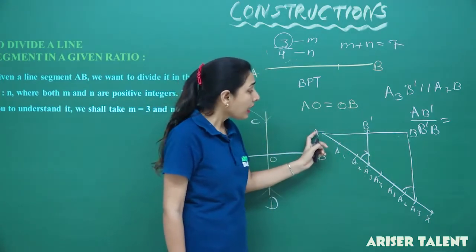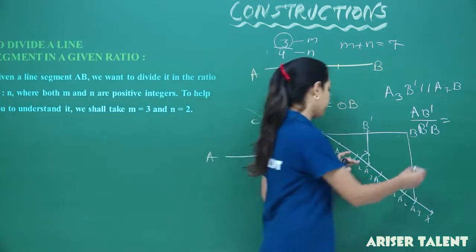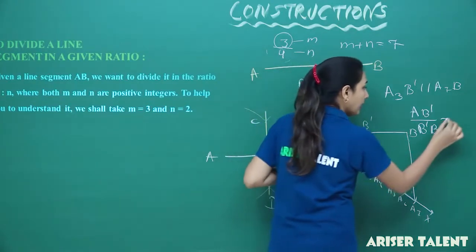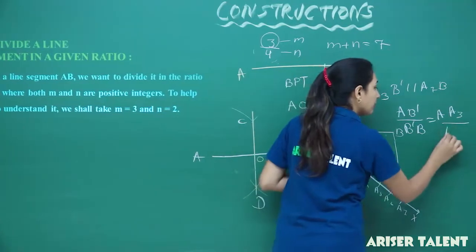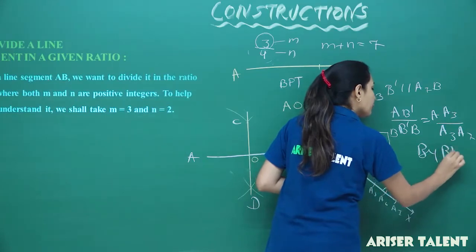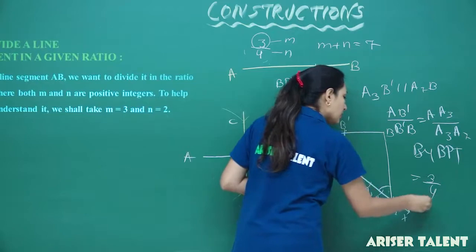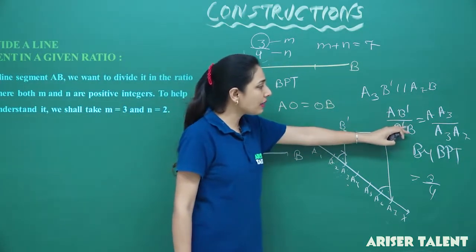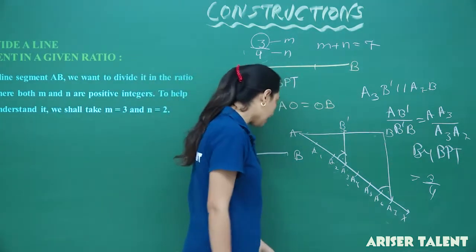By BPT, by the basic proportional theorem, that is equal to A3 by A3 A7, which is 3 by 4. We constructed it that way only. So AB dash by B dash B will be equal to 3 by 4. So the given question was solved this way.